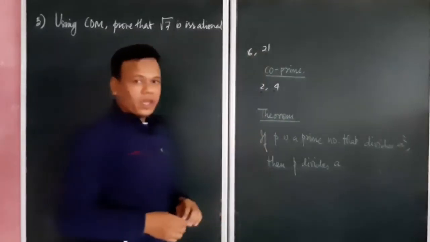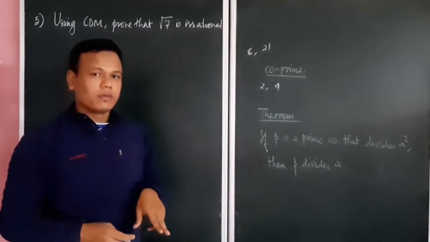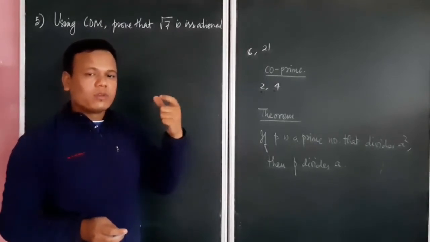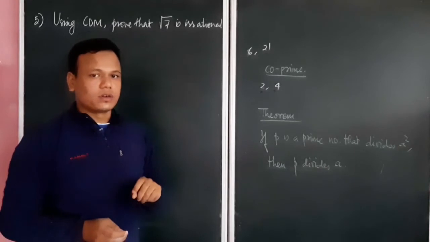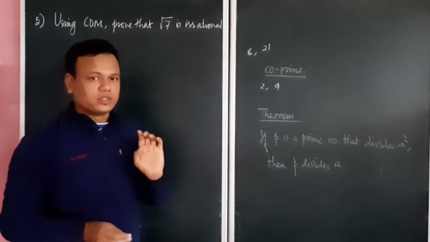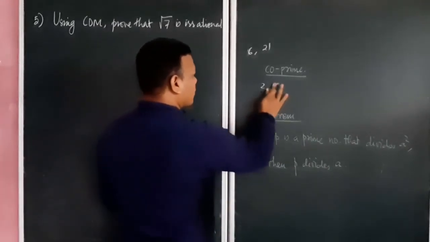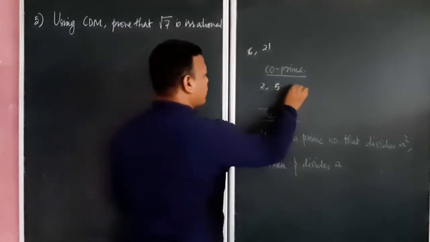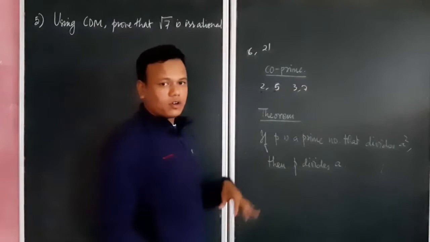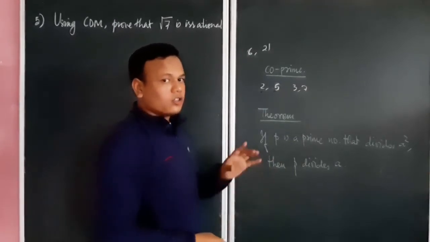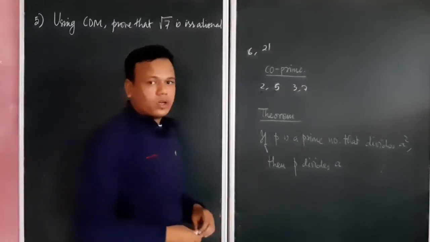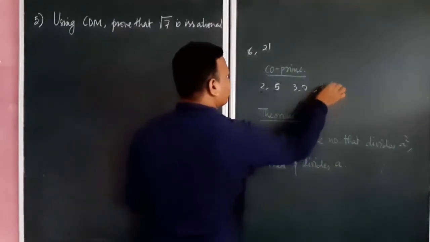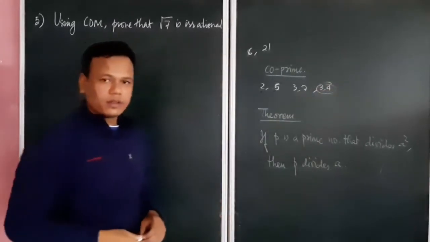Now if there are two numbers where there is no common factor, then such numbers are called co-prime numbers. For example, 2 and 5. Is there any common factor between them? No. For example, 3 and 7. Is there any common factor between them? No, right? So such numbers are called co-prime numbers. For example, 3 and 4 also, there is no common factor between them.